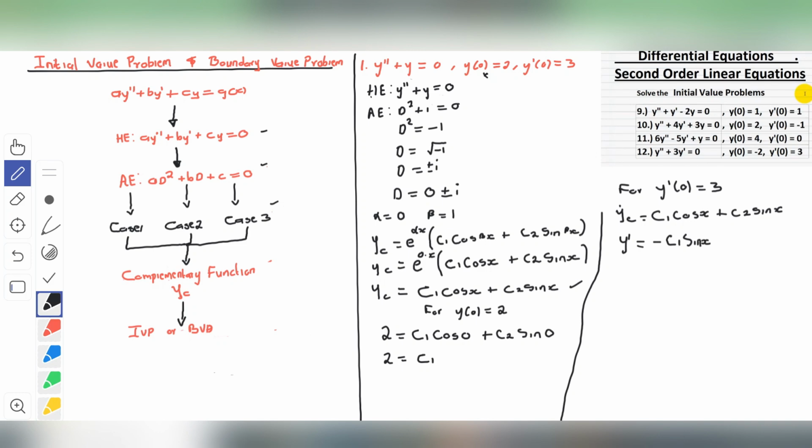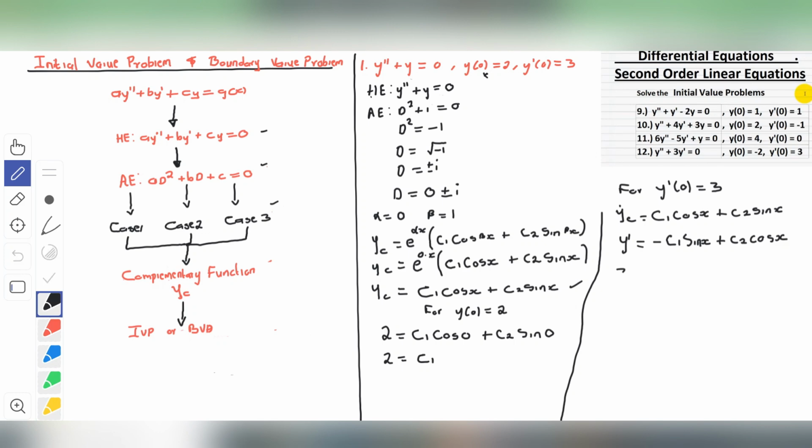The derivative of sine is positive cosine, therefore plus c2 cosine of x, right? Now we can substitute. Where we see y prime, we replace it with 3, and where we see x, we replace it with 0.